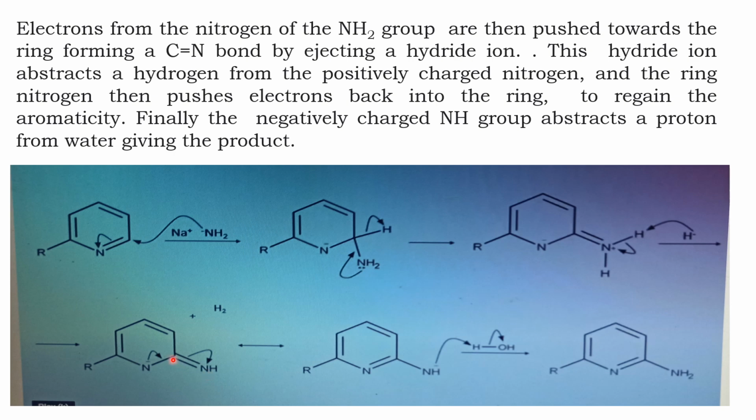So carbon double bond N becomes carbon single bond N. This NH minus abstracts H plus from the medium to form the final product. Take this step one by one clearly, very, very important.